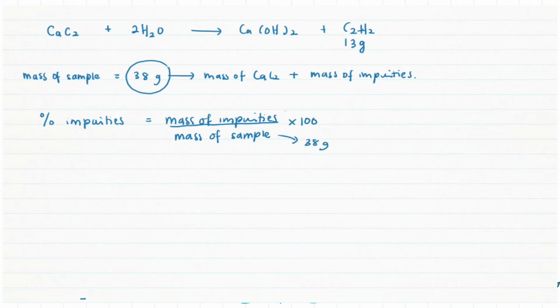So how do we calculate mass of impurities? We know that the mass of sample is 38 gram, and our sample consists of CaC2 and impurities.